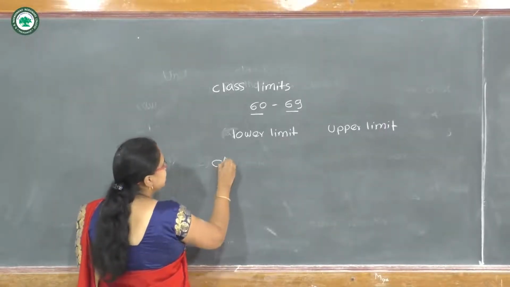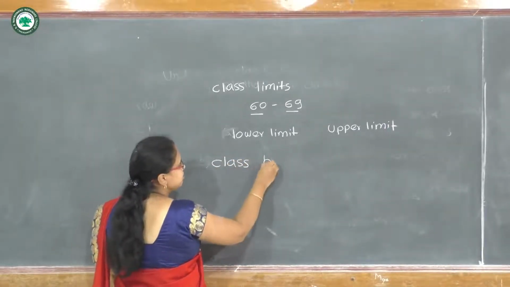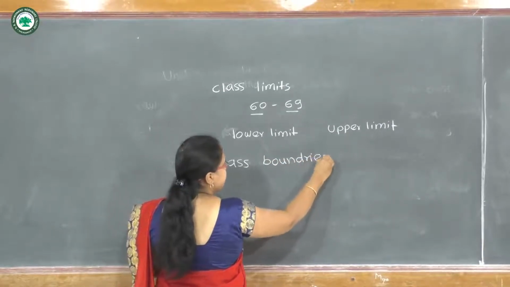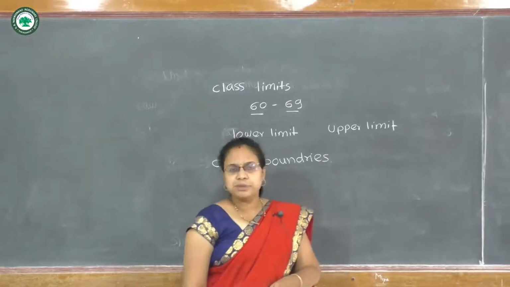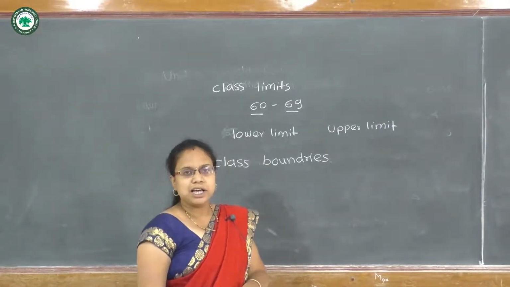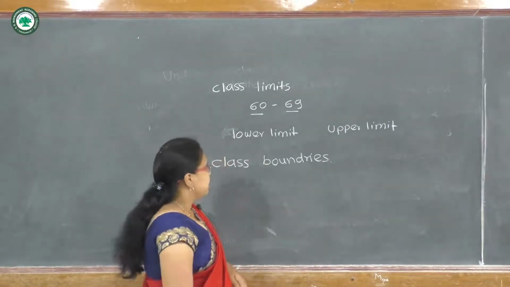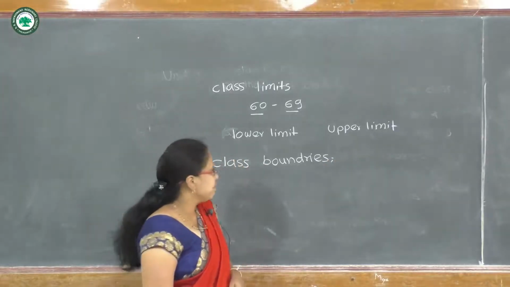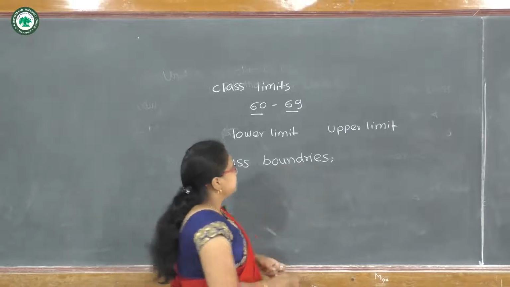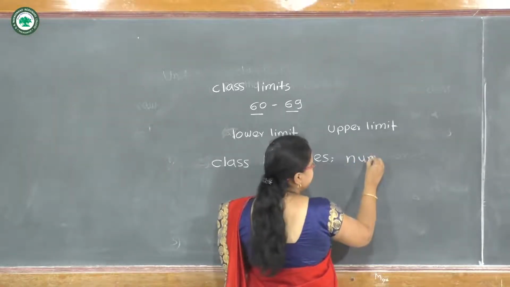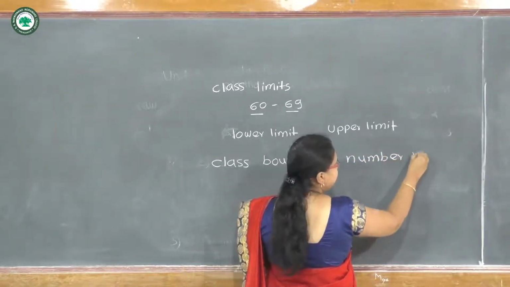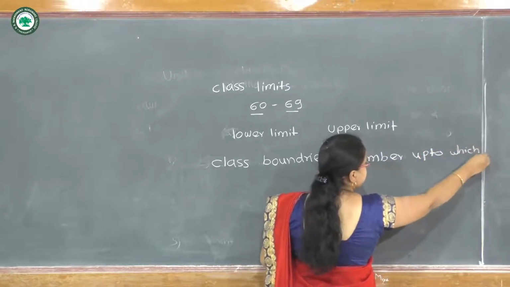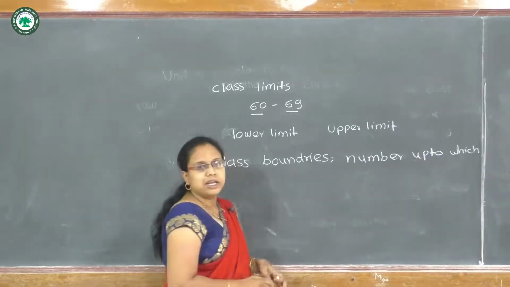Then we will see class boundaries. There is a difference between class limits and class boundaries. Class boundaries are the numbers up to which the class can be extended.